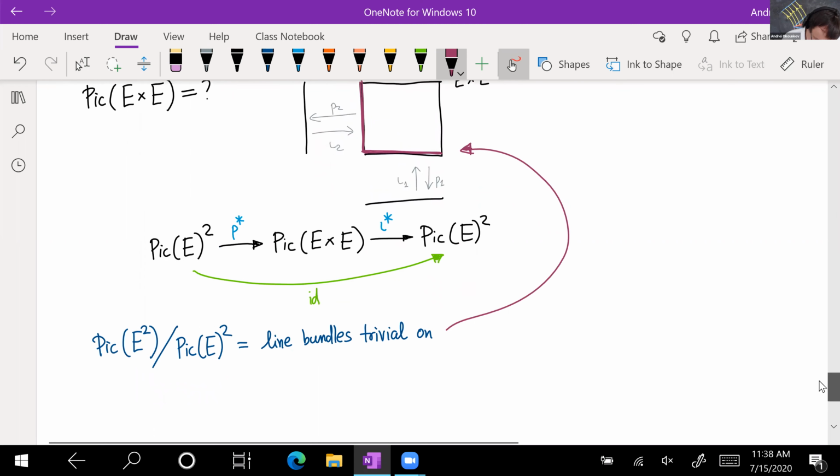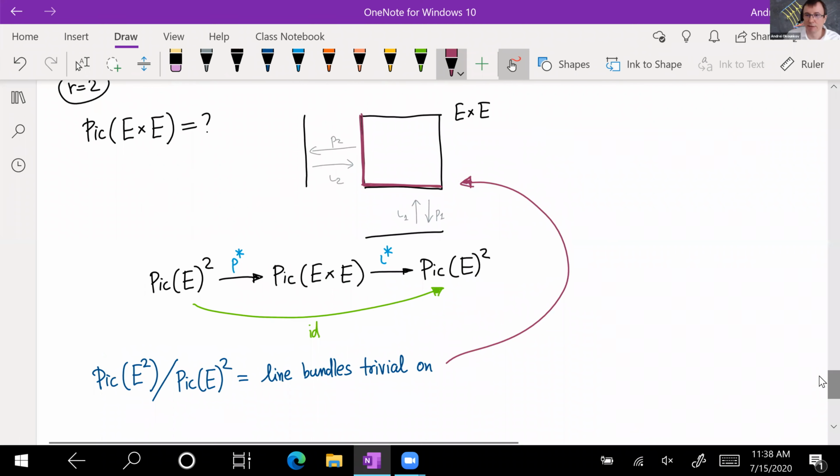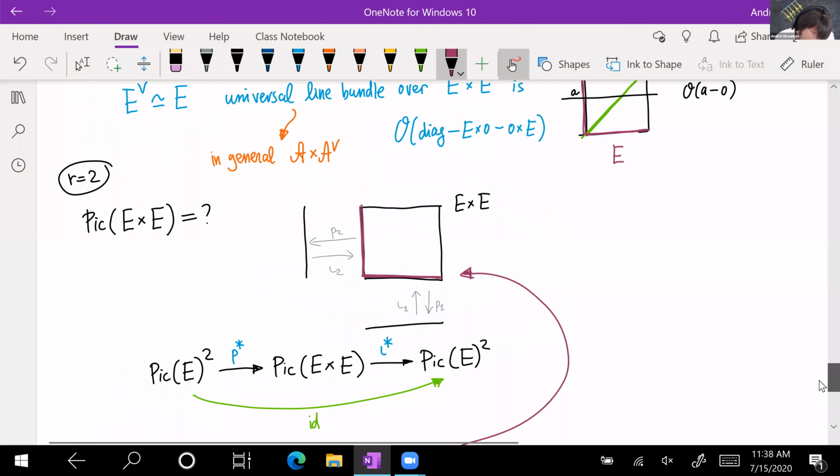Remember, some smart people before me discovered, and I'm just repeating, that there are two very important facts about the abelian variety. One is the vanishing of cohomology, and another fact is that the Picard functor is represented. And so in this case, what does it mean?